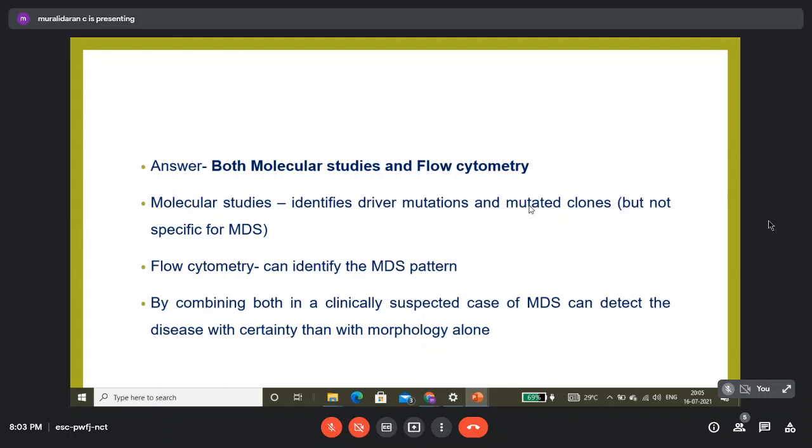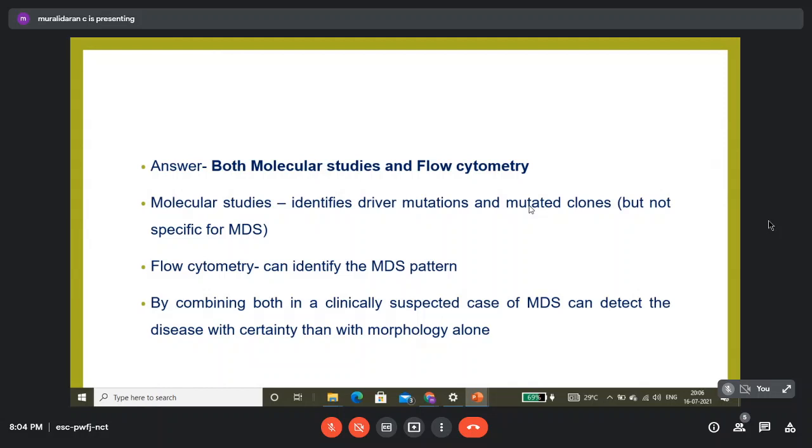Even though clinically there is a wastebasket classification in the WHO called MDS unclassified, where we used to put a patient who is clinically having an MDS type of picture, having some amount of dysplasia, a hypercellular bone marrow, some pancytopenia, we used to put them in unclassified, but without a proper diagnostic.